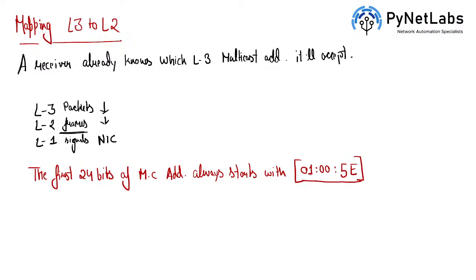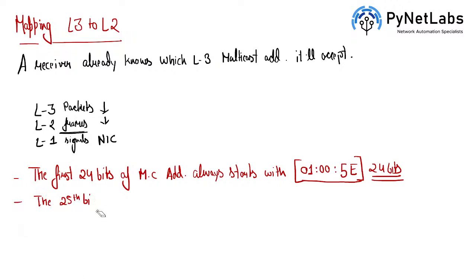These are the first 24 bits whenever we are mapping layer 3 to layer 2. There is a special MAC address which is reserved, and for that special MAC address these 24 bits are reserved. A MAC address is 48 bits, so 24 bits are reserved, and then we have the 25th bit of the MAC address.